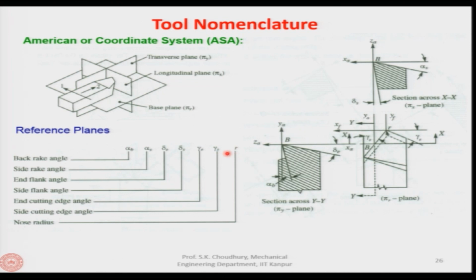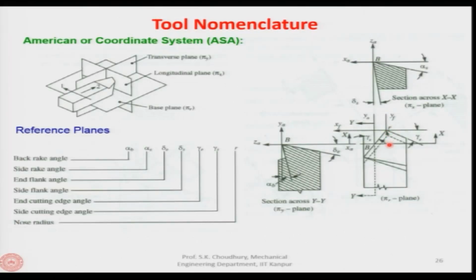Each tool will have a certain curvature on the nose, and that curvature is required, we will discuss it later, for the cutting process to go smoothly, and that is called the tool nose radius. So, apart from the 6 angles, that is one set of rake angles, one set of flank angles, one set of cutting edge angles, we have the tool nose radius.